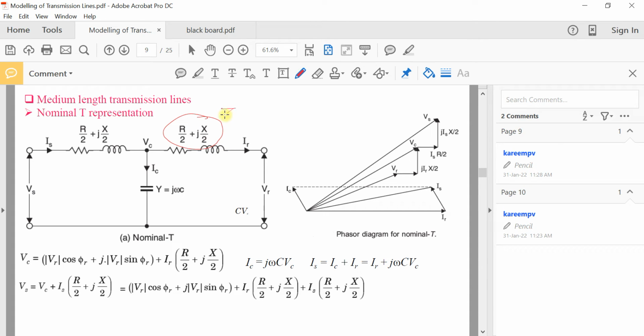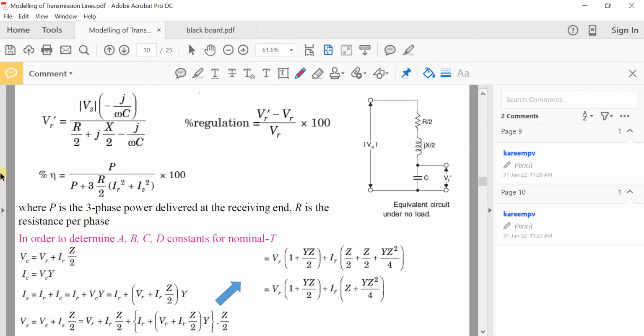So you have Z by 2 here and Z by 2 here. If you apply Kirchhoff's voltage law to this loop, Vc will be equal to Ir into Z by 2 plus Vr. That is the first equation we have obtained: Vc is equal to Vr plus Ir into Z by 2.